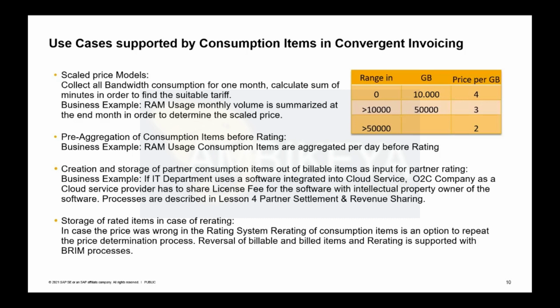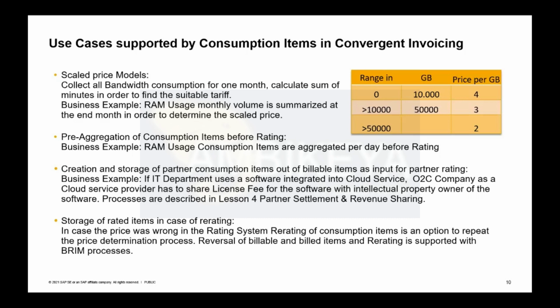That means we have the requirement to collect consumptions before rating, because depending on the whole volume, the price is different. With this price model, it's necessary to use consumption item management in Convergent Invoicing.